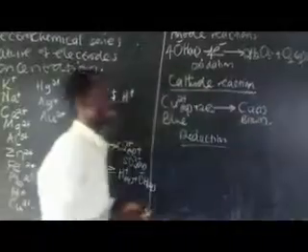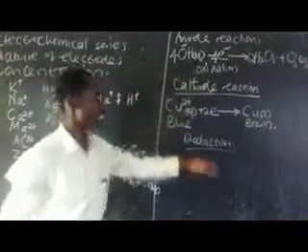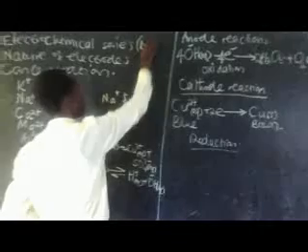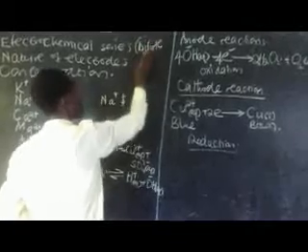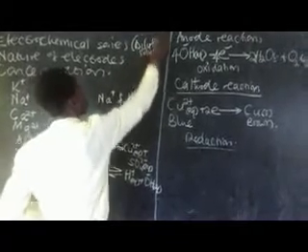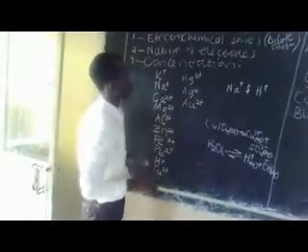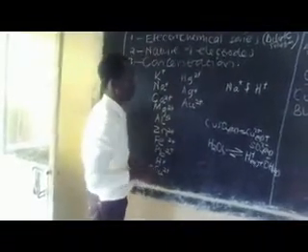So here we are looking at the electrochemical series, and this condition only works for dilute solutions. Once they become concentrated, then we come to the next part, concentration. So, this is our point about electrochemical cells.